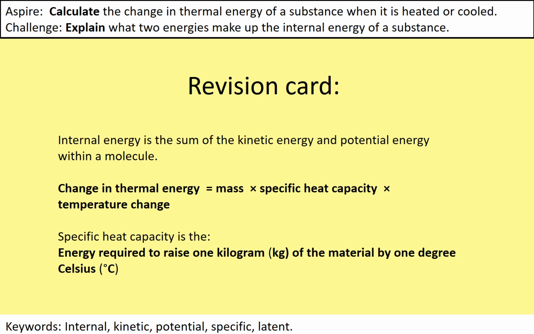And specific heat capacity is the energy required to raise 1 kilogram of a material by 1 degree. So practice those calculations, practice rearranging that equation as well. Make sure you understand it. You're doing a super job. Keep it up. Well done.